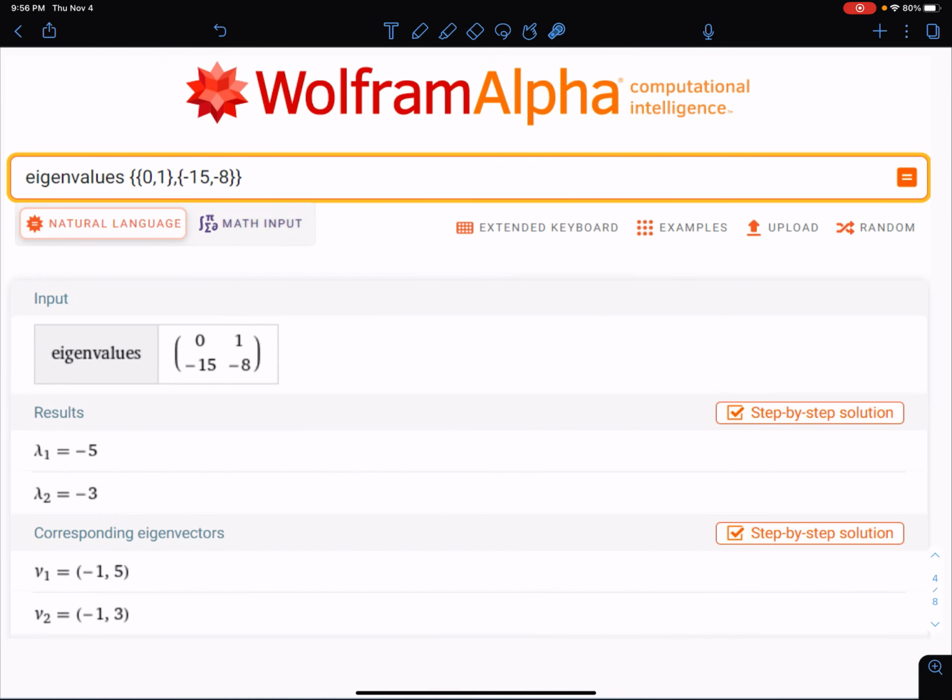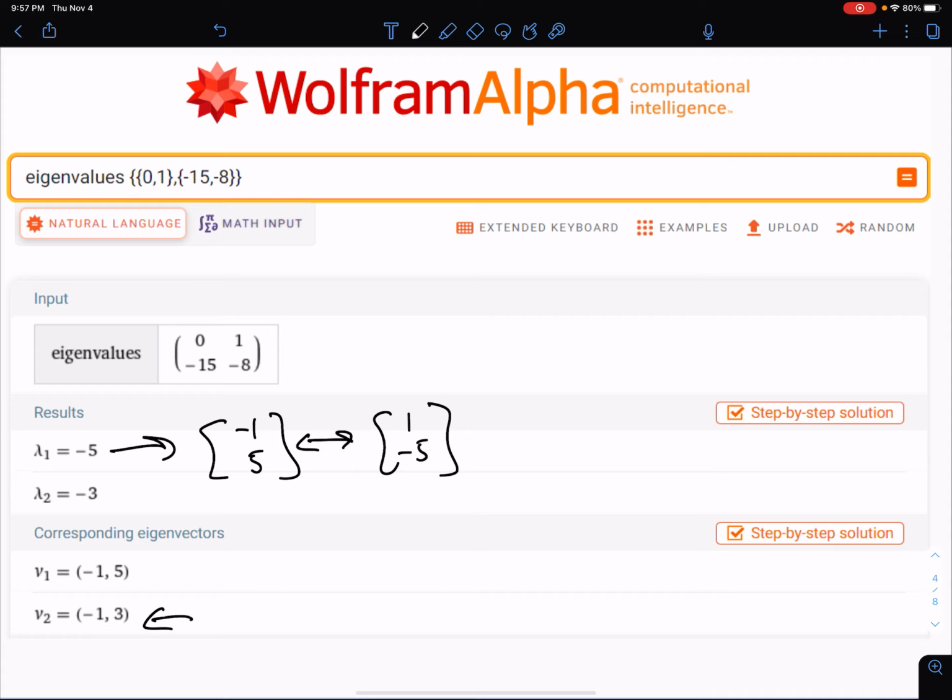Okay? Now, you could put this in Wolfram Alpha, and it'll do it for you. I think they give you -5, and then they say -1, 5. I think I said 1, -5, but of course those are really the same vector. One is just pointing in the opposite direction. So they're in the same line of vectors.